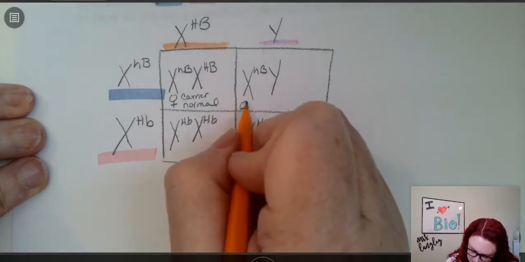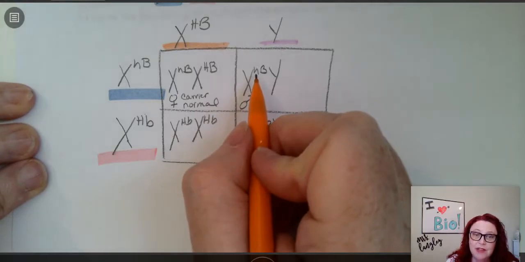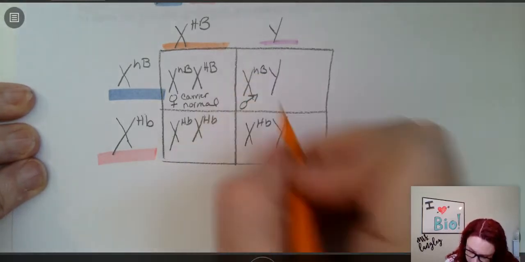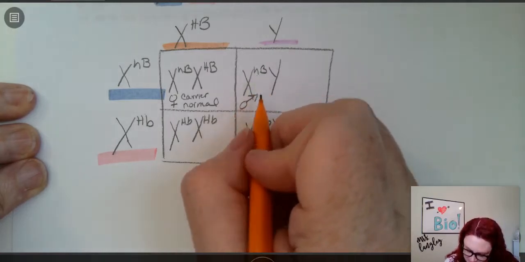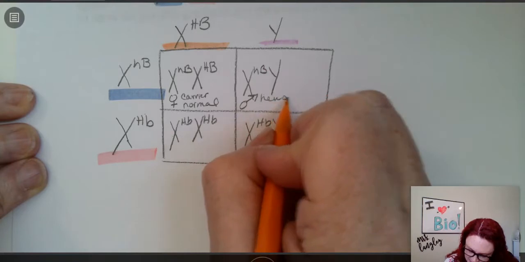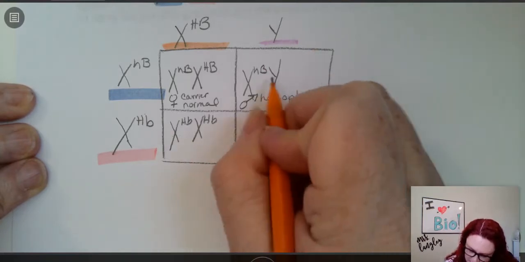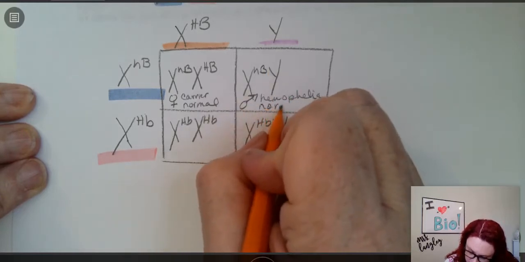That means this is male. I can look at vision, okay, and this is normal. Oh, nope, I'm sorry. I'm not looking at vision. I'm looking at blood and hemophilia. This one is hemophilia because it has the little h. But for vision, it is normal.